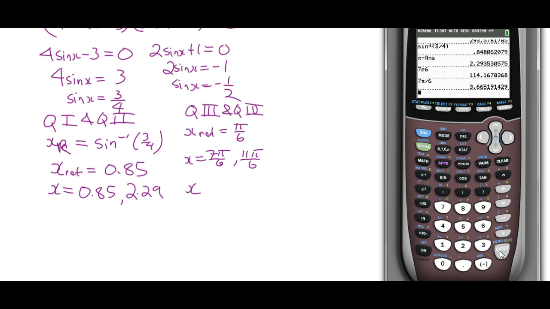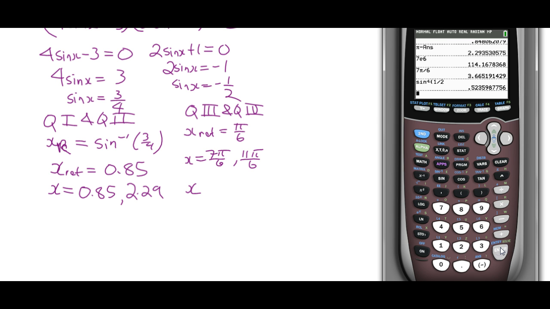Now you could also do this, right? Sine inverse of 1/2 is 0.52, but it's in quadrant 3, so it's going to be pi plus that. Pi plus, which should come out to 3.66, 3.67.